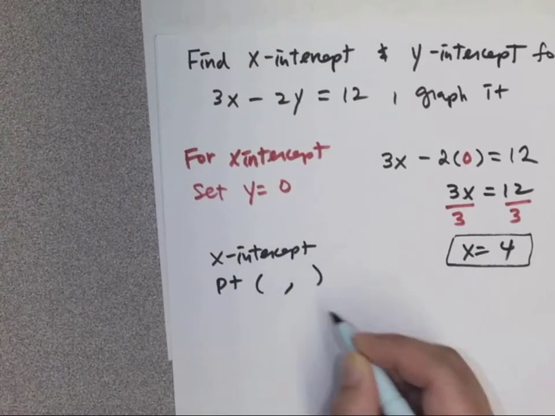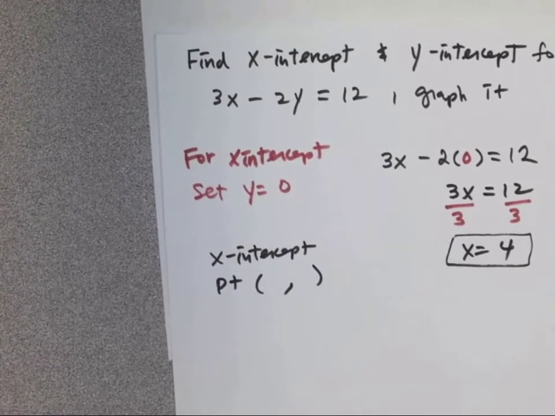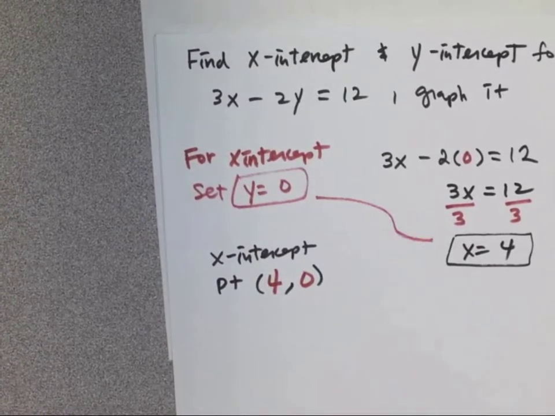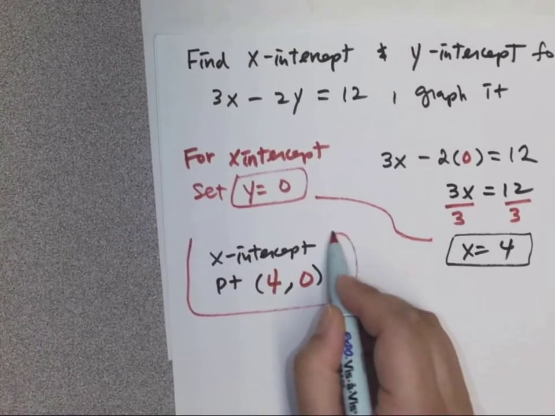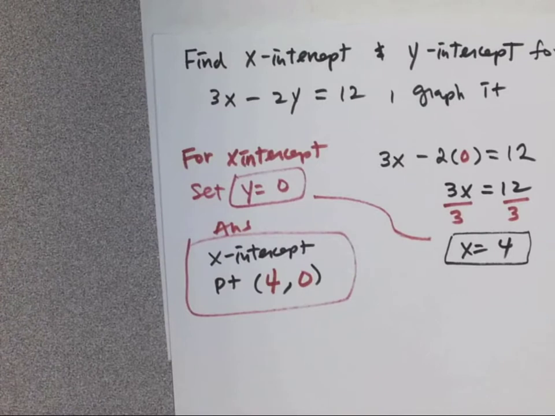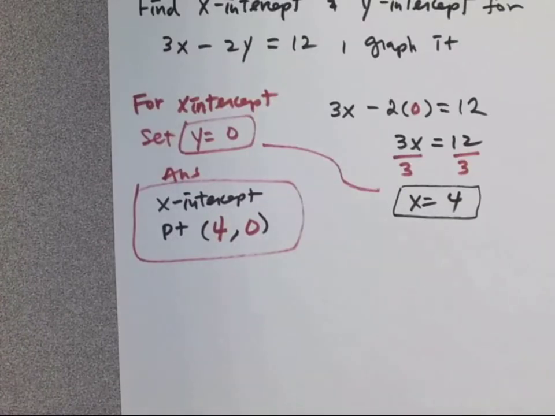The point is going to be what? x is 4, y is 0, because you set y equal to 0 and x equals 4. So that's the x-intercept answer. Are we okay? It will specify they want you to write the answer in point form.